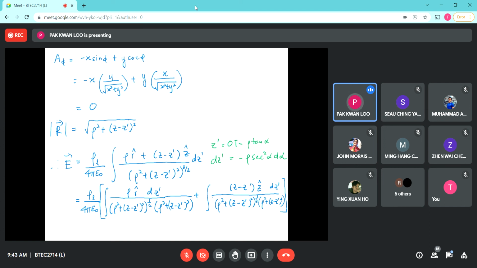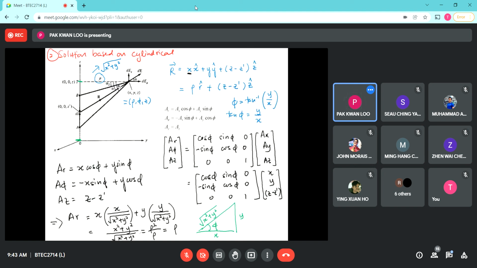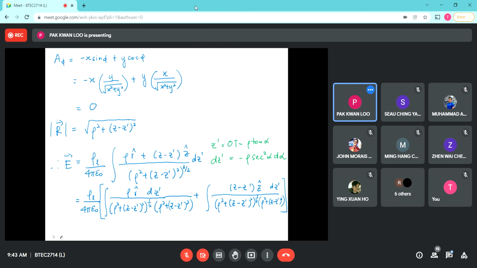This part here is your R, right? If you see carefully, this is my R, the magnitude of R. So rho divided by R is cos phi.